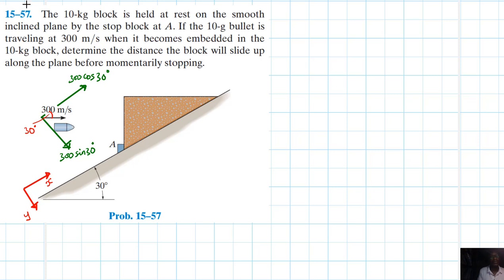So if this becomes a reference, this is the starting point, this point here. Alright, so the idea is something like that. Okay, so let's start working.